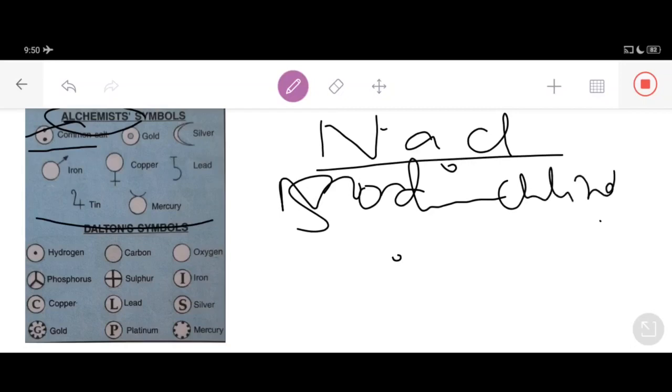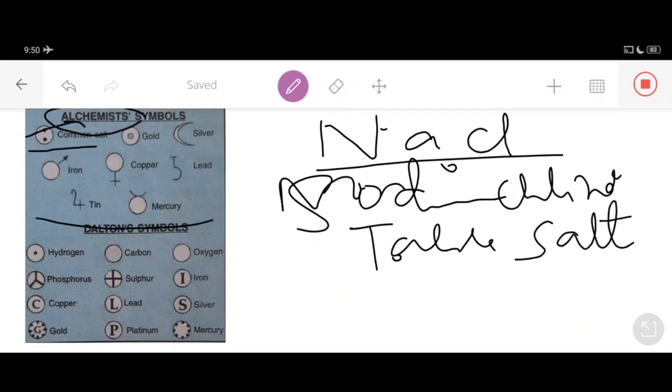Sodium chloride, also called table salt. We are discussing actually the alchemist symbols. So people who studied alchemy were called alchemists. So NaCl, this was a symbol for common salt.